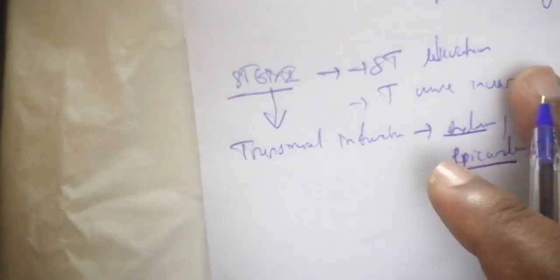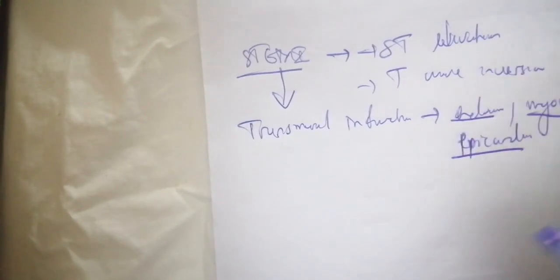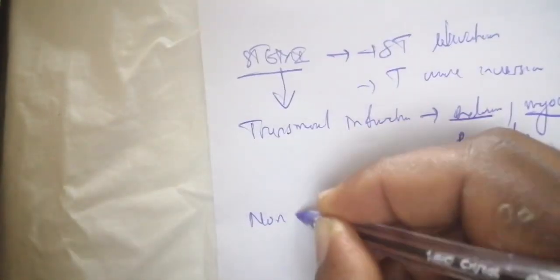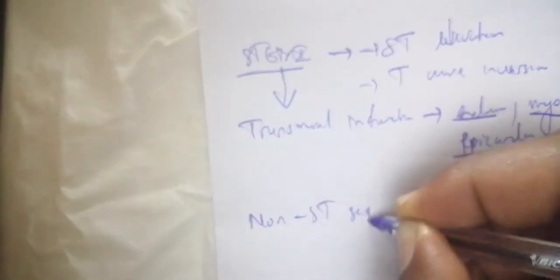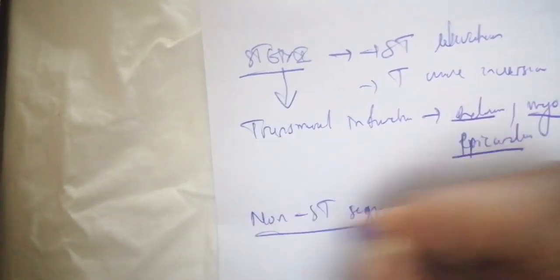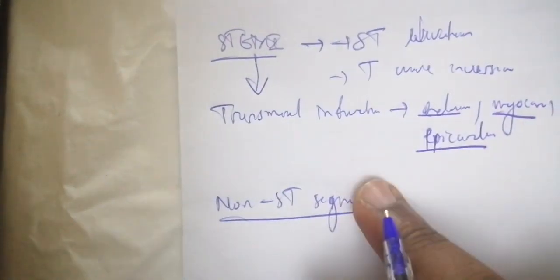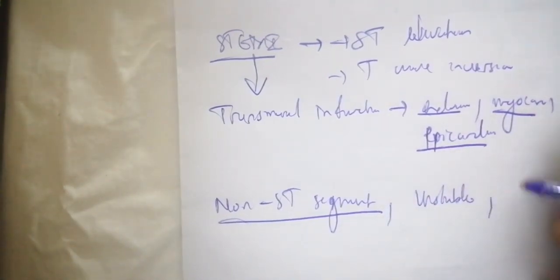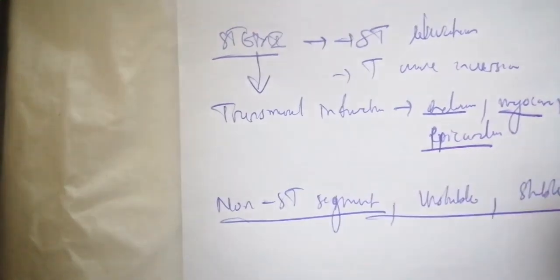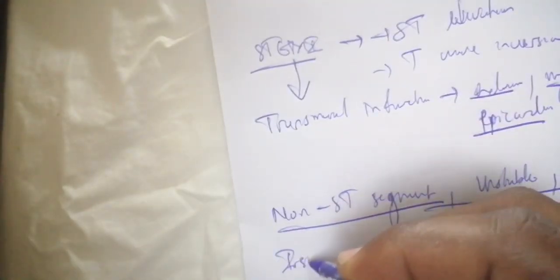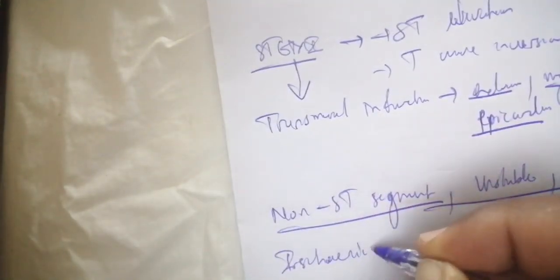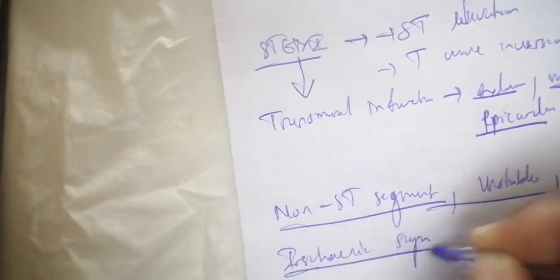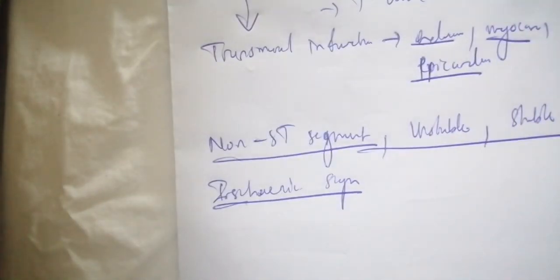Now, the next point after the ST segment elevated myocardial infarction is non-ST segment elevated myocardial infarction. Non-ST segment elevated myocardial infarction, unstable angina, and stable angina all have what are called ischemic signs on ECG.